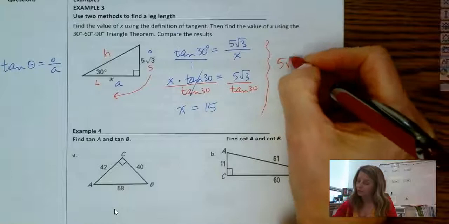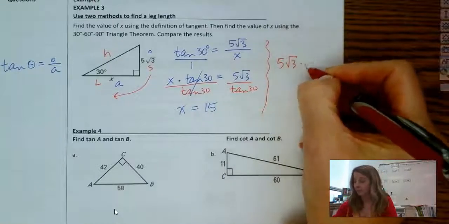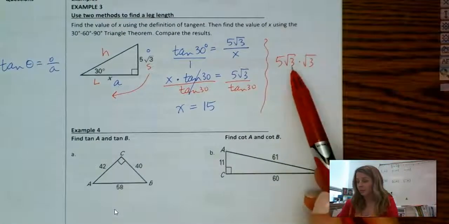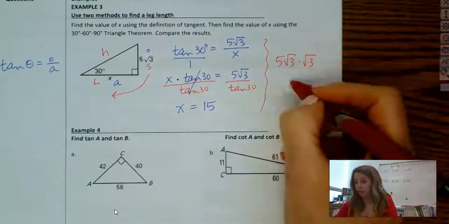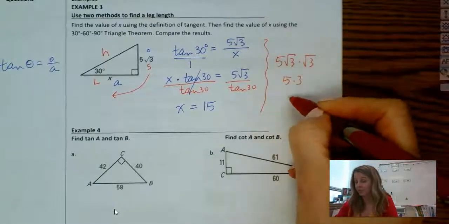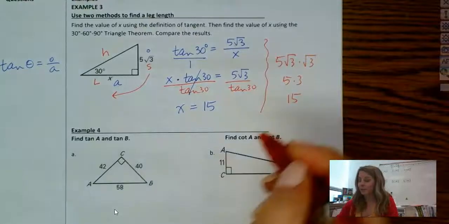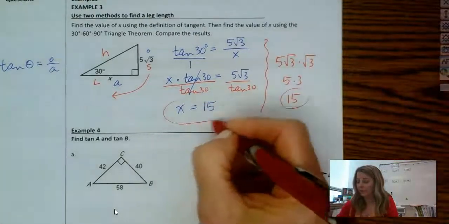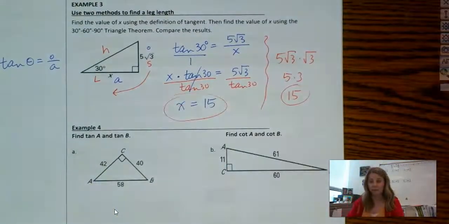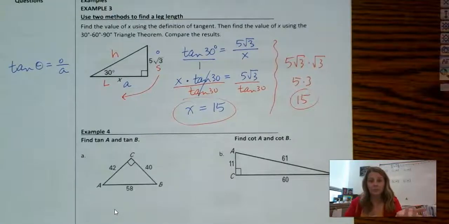So if I take the short leg and I multiply by square root of 3, square root of 3 times square root of 3 is just 3, and 5 times 3 is 15. So look at how I get the same thing using either method. That again reinforces that all triangles are similar, and that's how the tangent of 30 has an actual number that goes with it. It's just the decimal of that particular ratio.